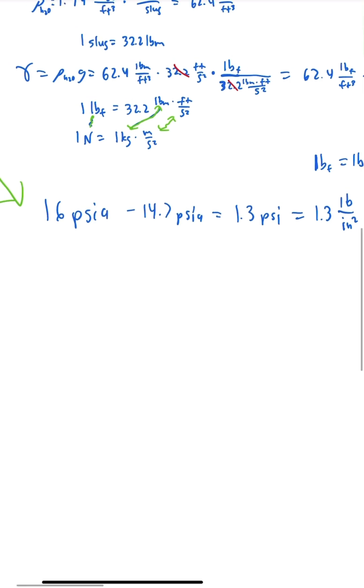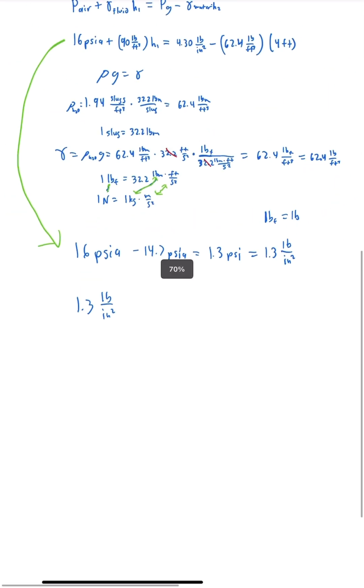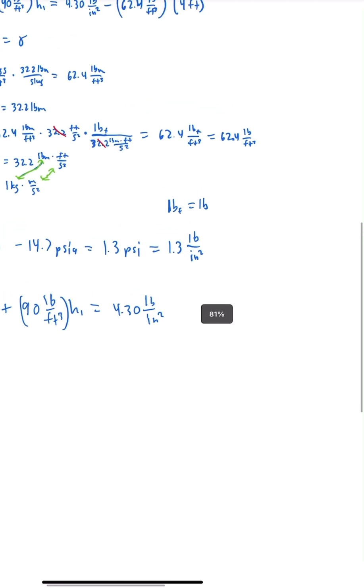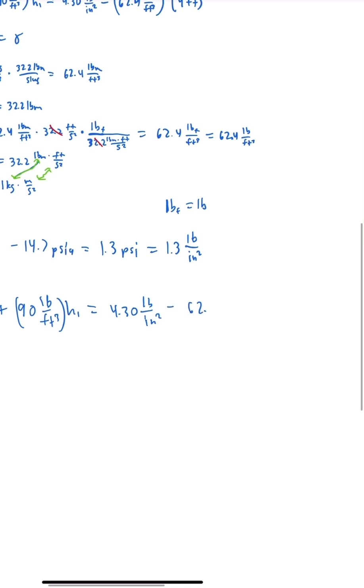So we have 1.3 pound per inches squared plus 90 pound per feet cubed times H1 equals 4.30 pound force per inches squared minus 62.4 pound force per feet cubed times 4 feet.